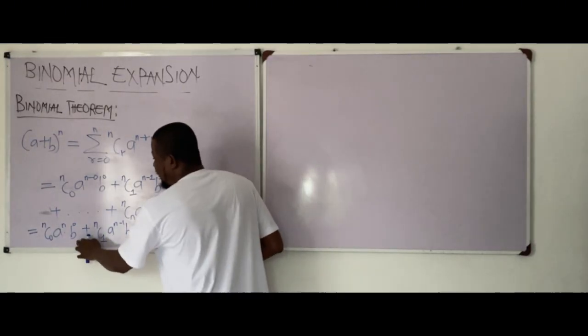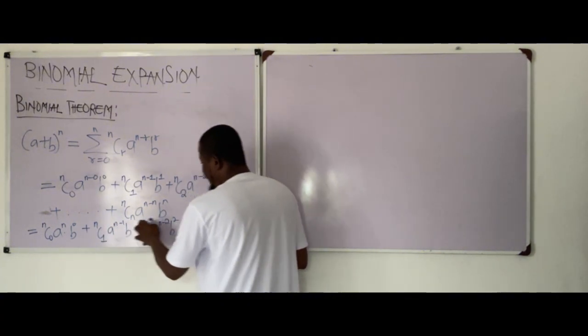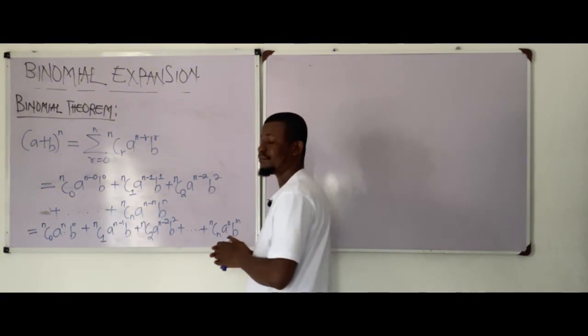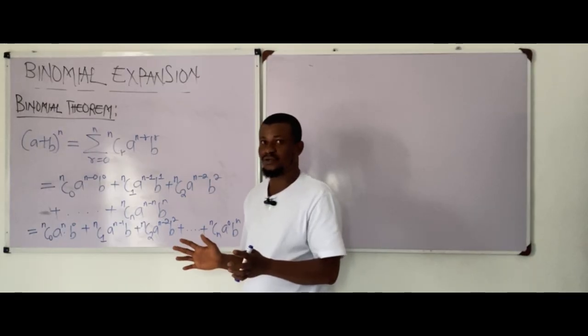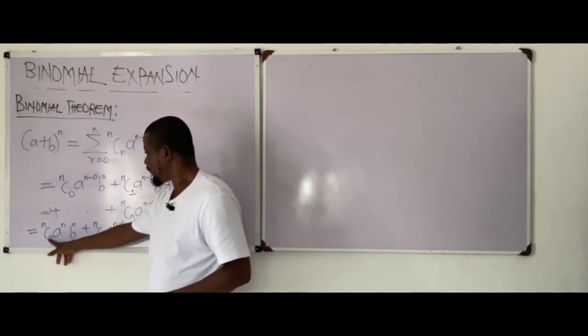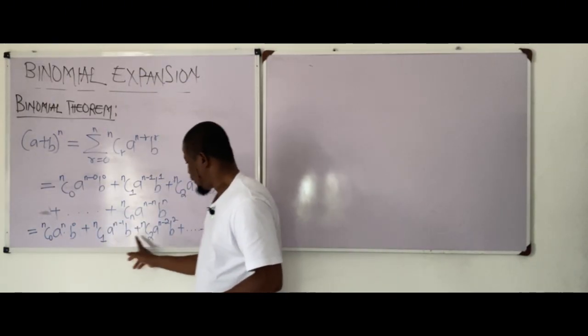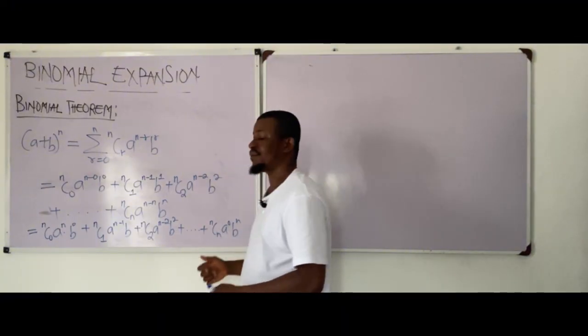Why the second term b starts from power 0, power 1, power 2, till power n, it's just about knowing the pattern and you are good to go. Now look at the combination: 0, 1, 2, 3 till n.